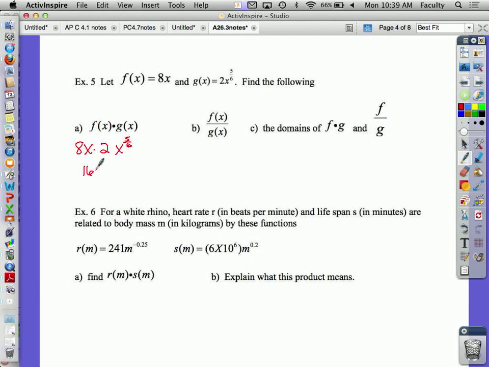This becomes 16x to the 1 plus 5/6, and so that's 16x to the 11/6. Now the domain, it's an even root, but the problem is not in a fraction. So x is greater than or equal to 0.